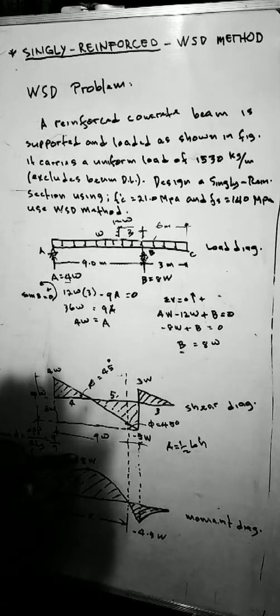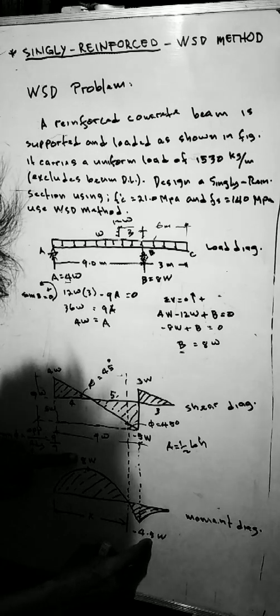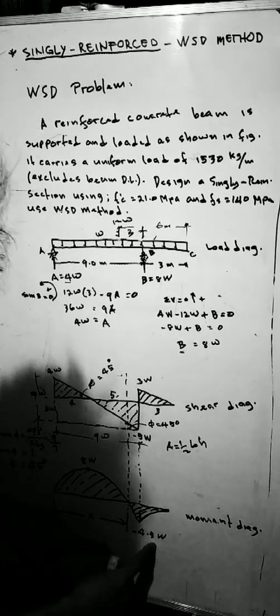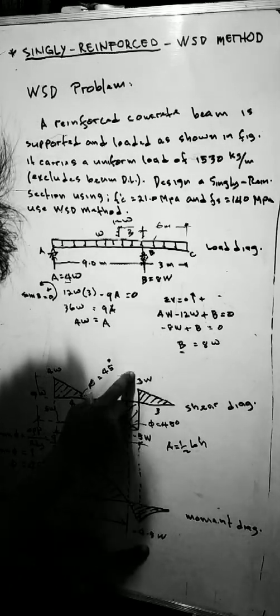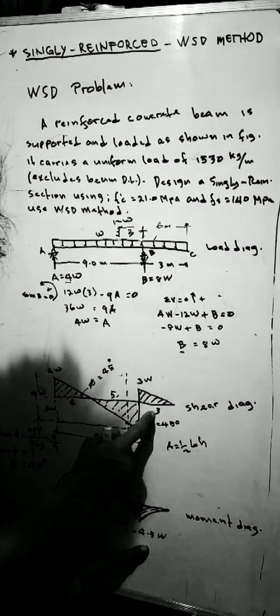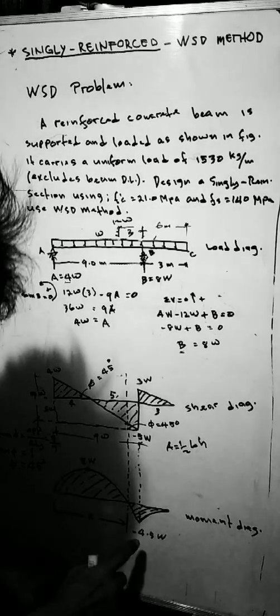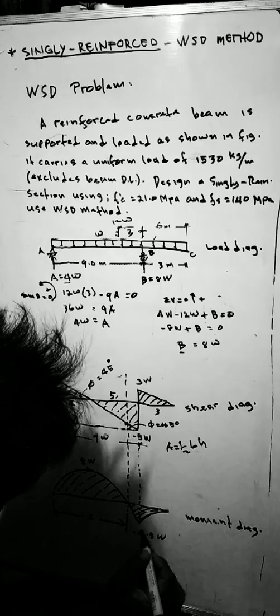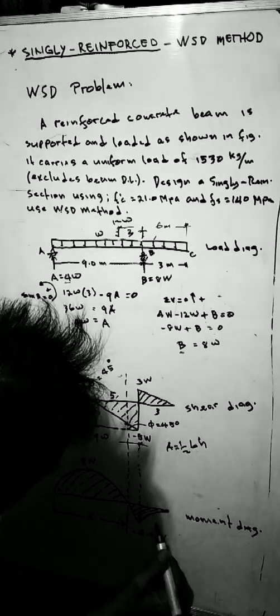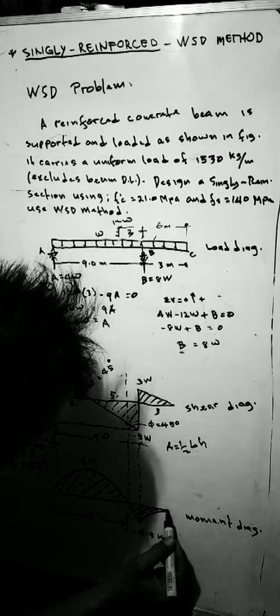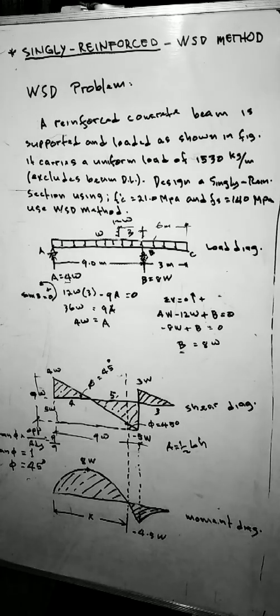Then 12.5 minus 8, 4.5. And this also an area, 3 times 3 is 9, divided by 2 is 4.5. 4.5 here. That is correct. Meaning our data is correct.